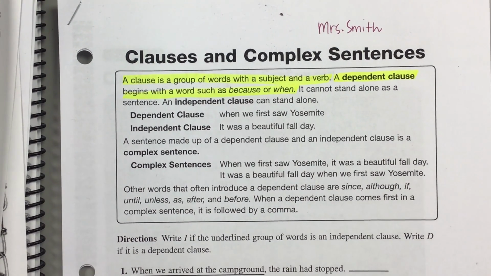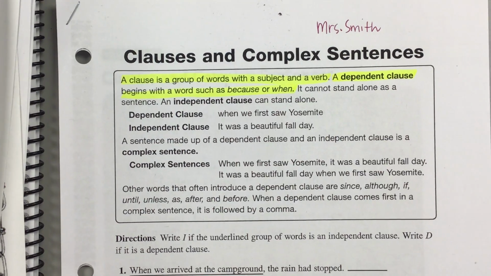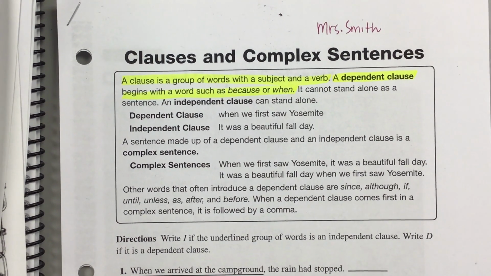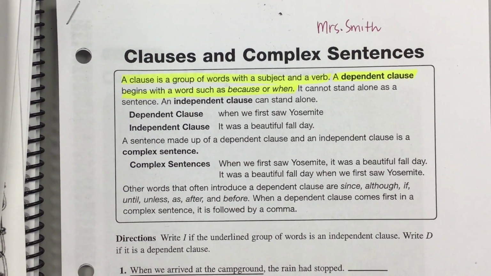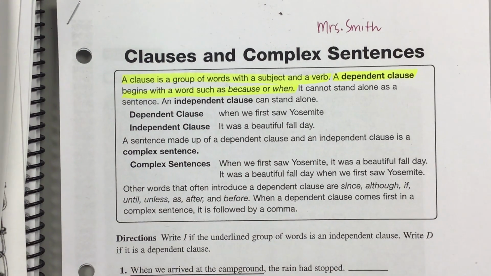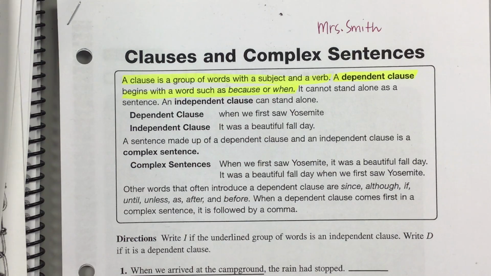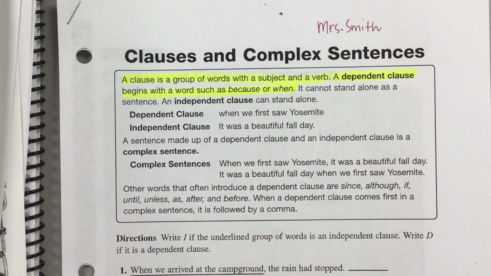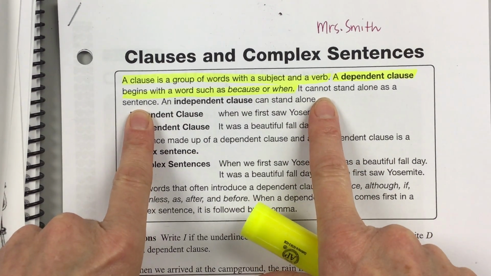It depends on its environment for its needs, for its shelter, for its food, for its water. Okay, so dependent means it is not able to stand by itself. It needs something else. So that's a dependent clause that needs something else. It cannot stand alone as a sentence.